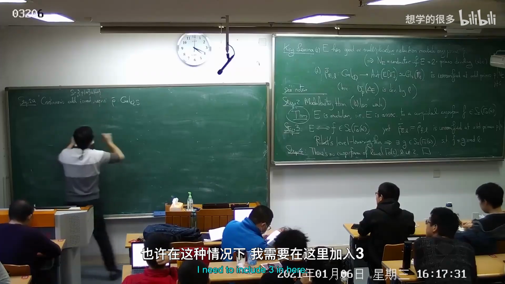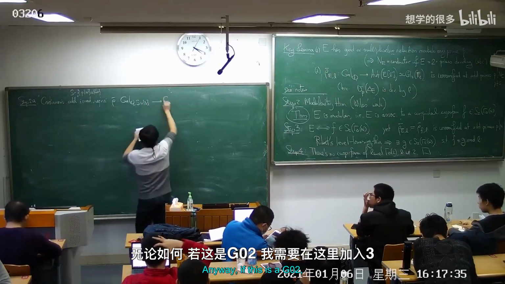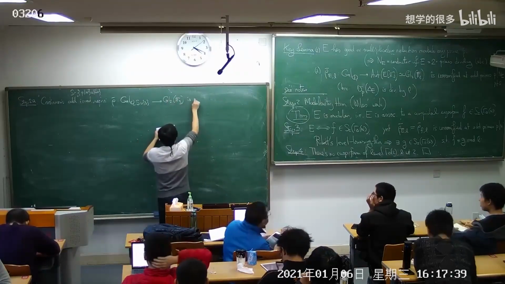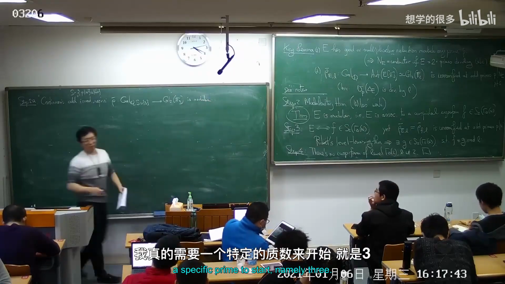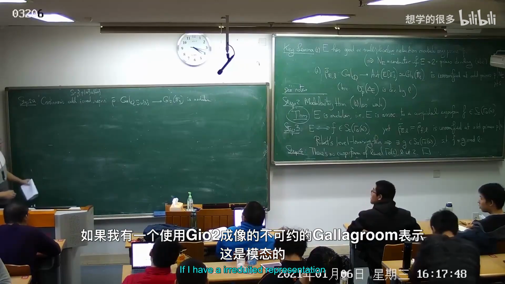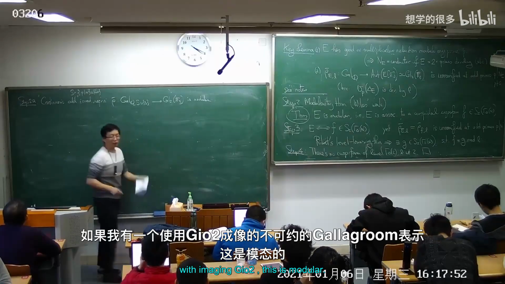And maybe in this case I need to include 3 in here. Anyway, if this is GL2 F3, this is modular. I really need a specific prime to start, namely 3. If I have an irreducible representation of the Galois group with image in GL2(F3), this is modular.